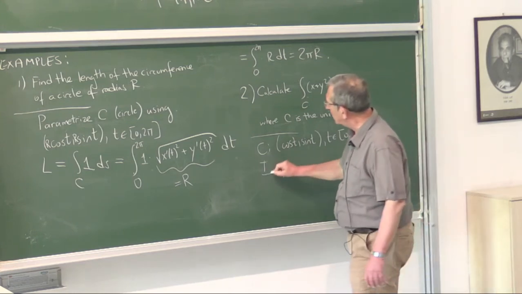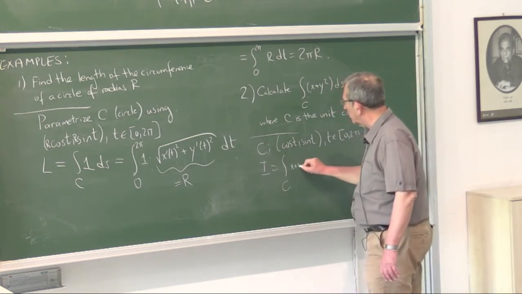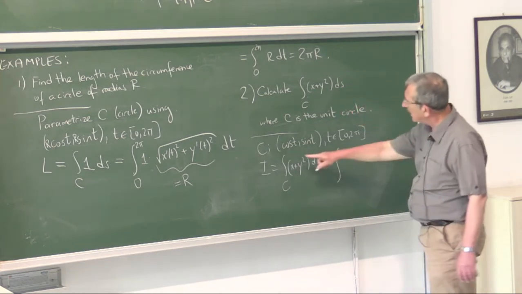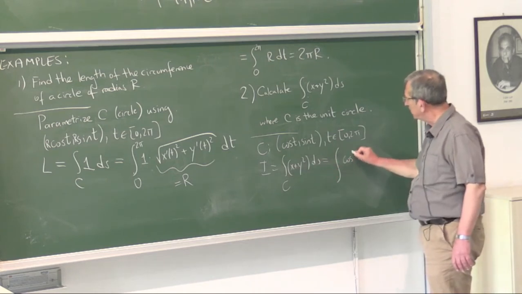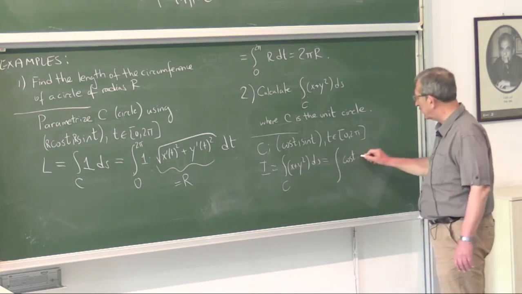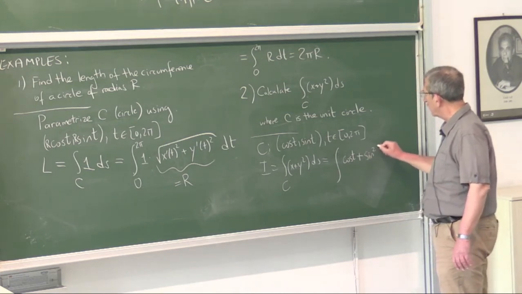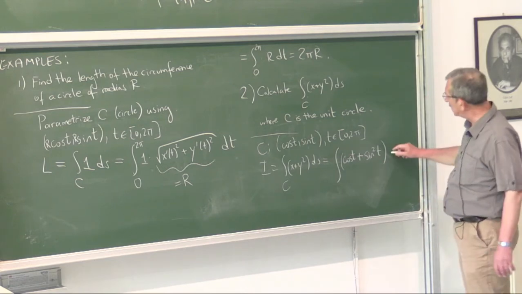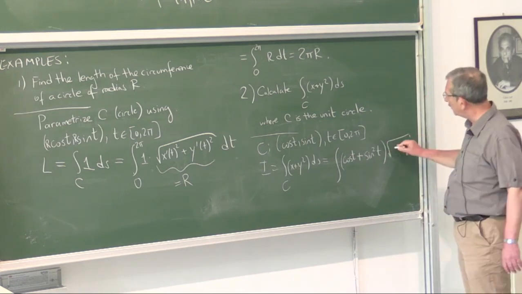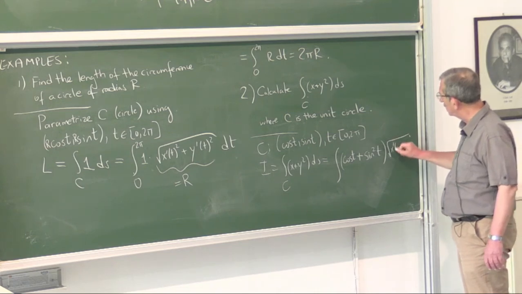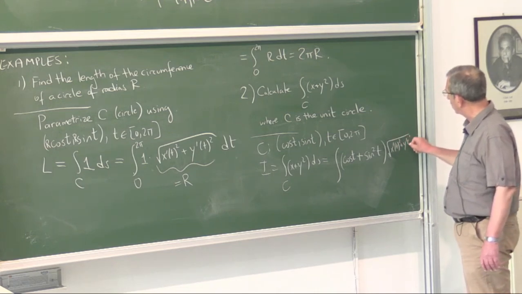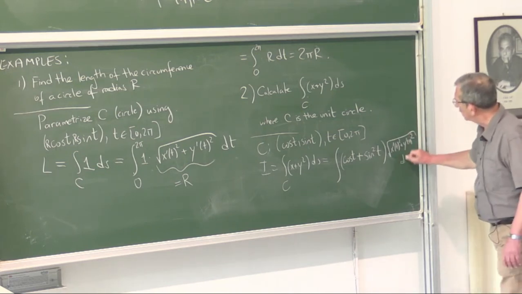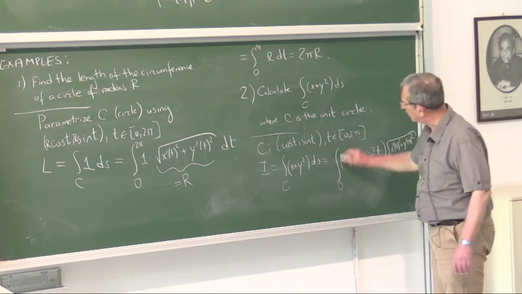And so the integral, that is (x plus y squared) ds, becomes the integral of (cosine t plus sine squared t) and ds. Well, ds was, remember, the square root of the derivative squared, and then dt. And t runs from 0 to 2 pi.